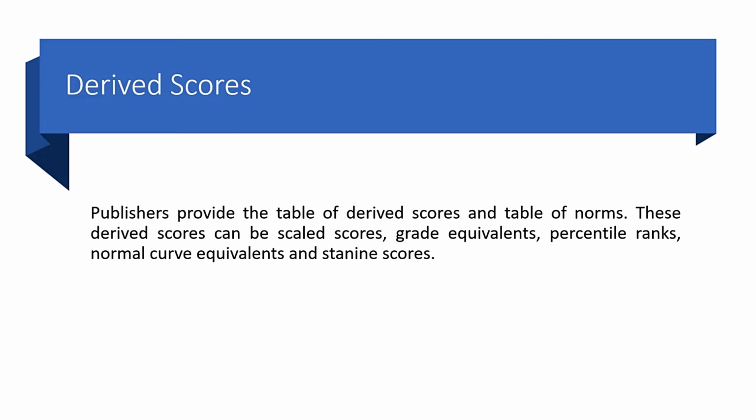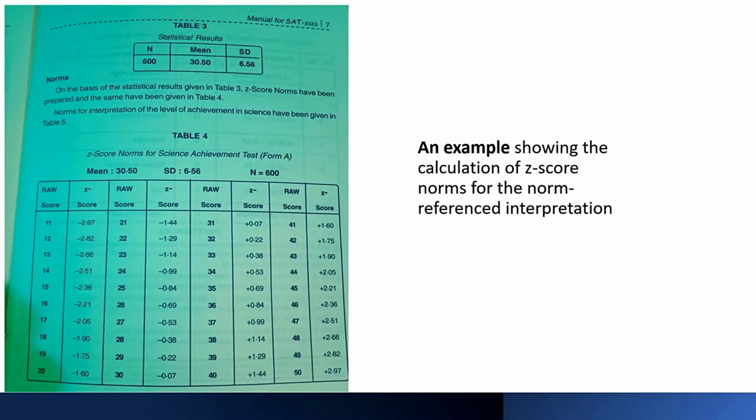Also, when you use any published test, publishers provide the table of derived scores and table of norms. These derived scores can be scaled scores, grade equivalents, percentile ranks, normal curve equivalents, and Stanine scores. One example has been given in this screenshot.